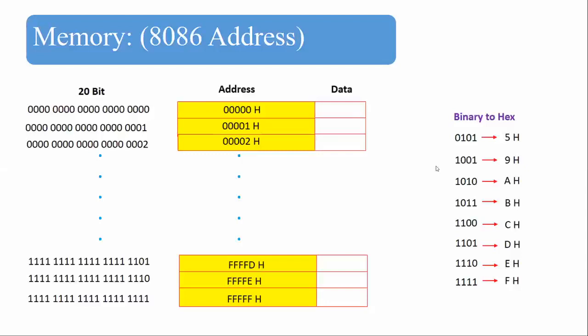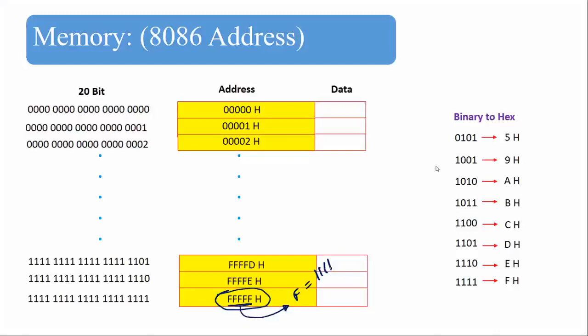Now, what is the binary then? F. That means there are 5 Fs. Each F is nothing but 4 ones. So in 5 Fs you have 20 ones. That is giving you the hex number.